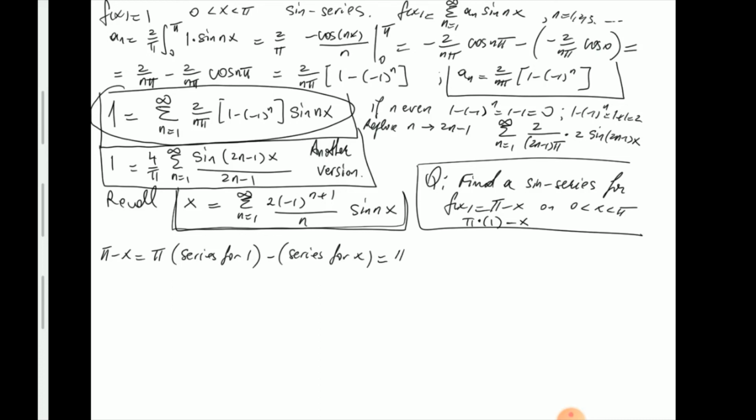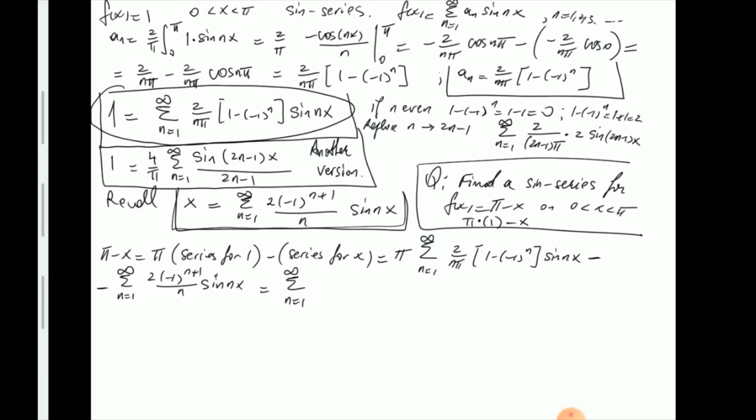So we have pi times the summation of 2 over n pi times 1 minus negative 1 to the n sine of nx, and then minus the summation for x, and let's put everything inside the summation and pull out sine of nx.